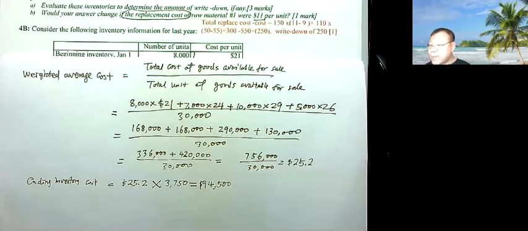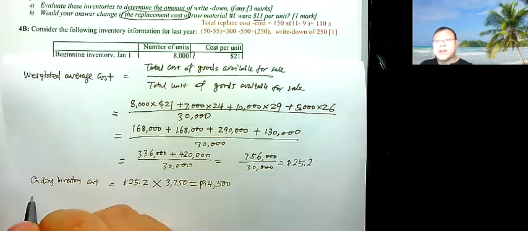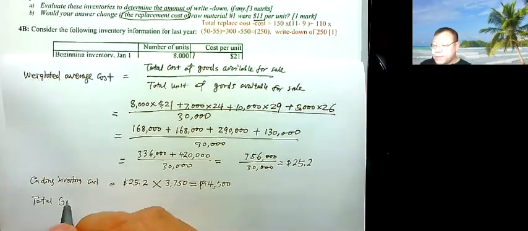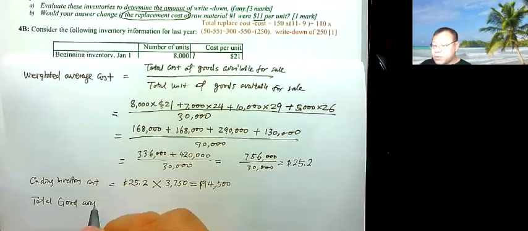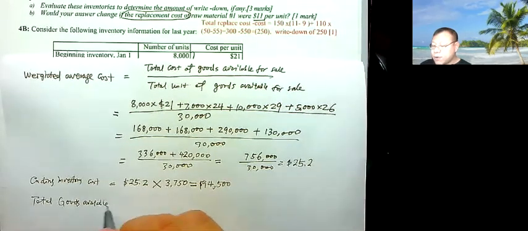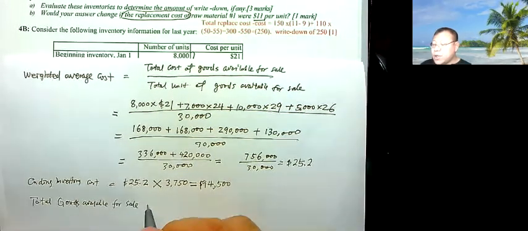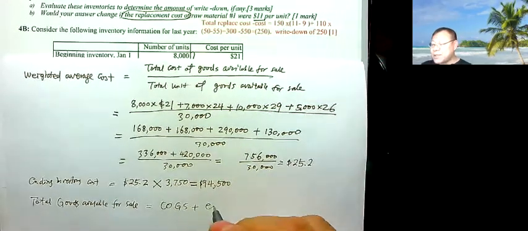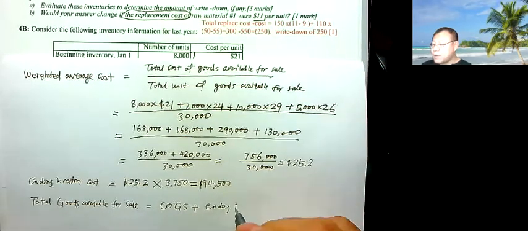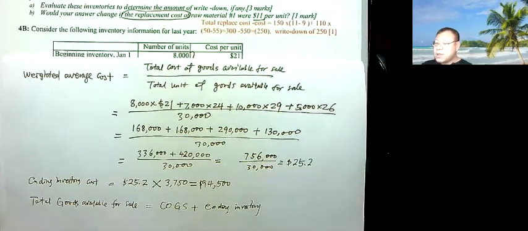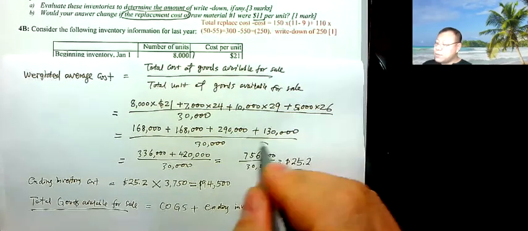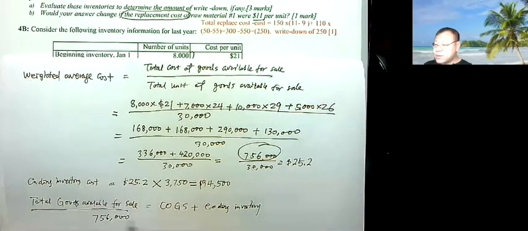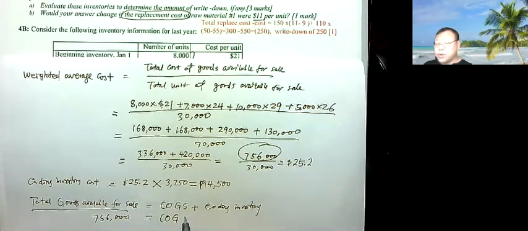Okay, and if you remember the inventory equation, total goods available for sale should equal cost of goods sold, those sold, plus those unsold, that's ending inventory. This one we calculated, 756,000. And cost of goods sold is unknown.